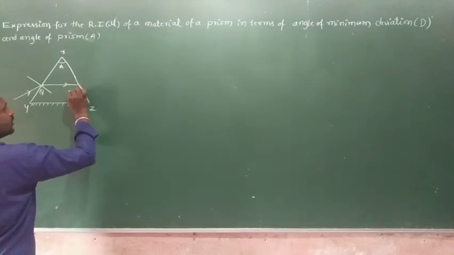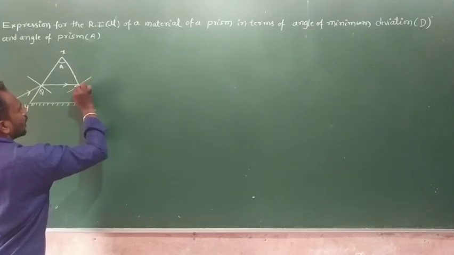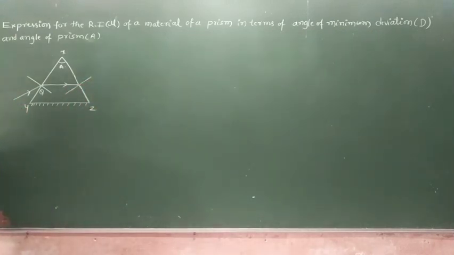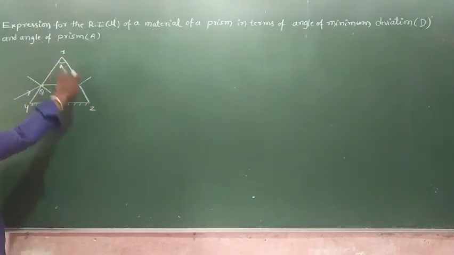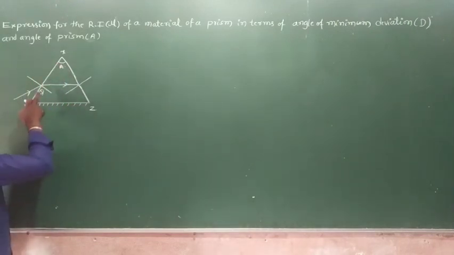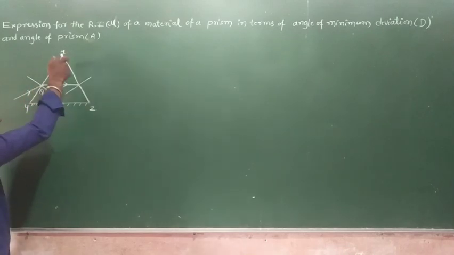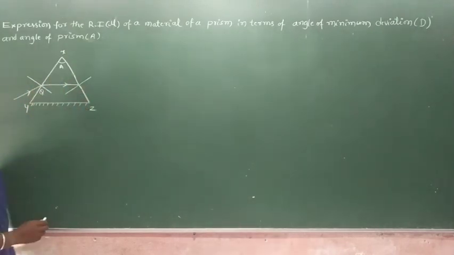Here this is a normal. This refracted ray is incident on the second refracting surface XZ, and this is the refracted light ray.